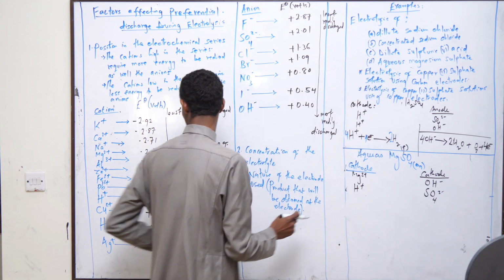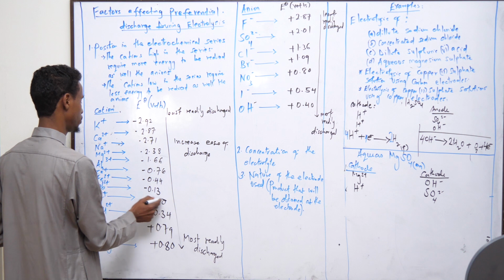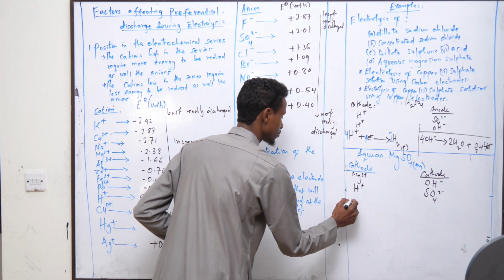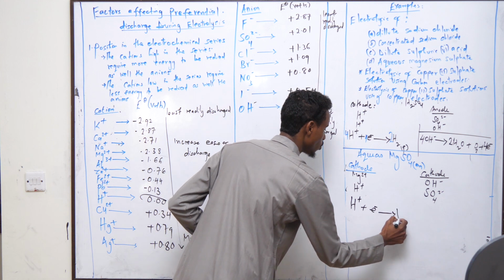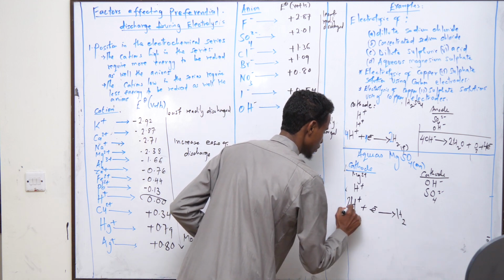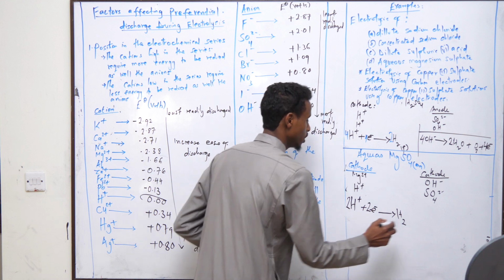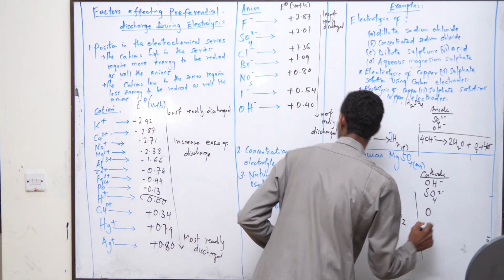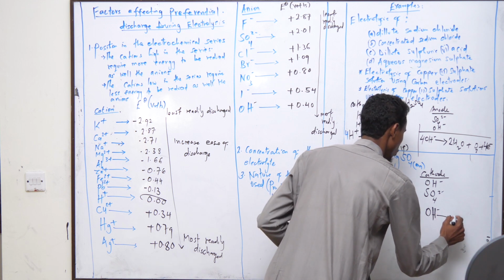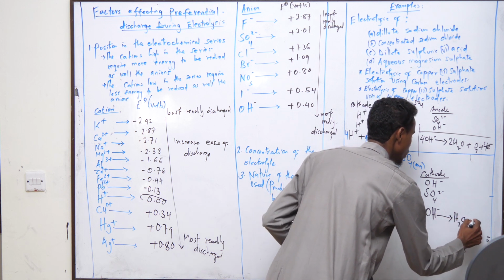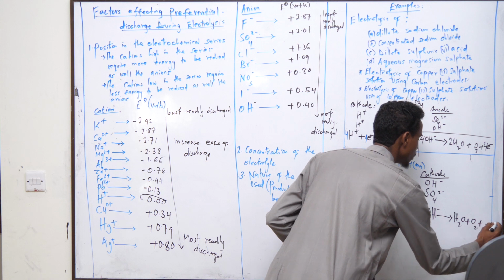Automatically here we can see hydrogen will be preferentially discharged. Hydrogen ion plus electron forms hydrogen gas. At the anode, hydroxide will be preferentially discharged, and hydroxide forms water plus oxygen plus electrons.